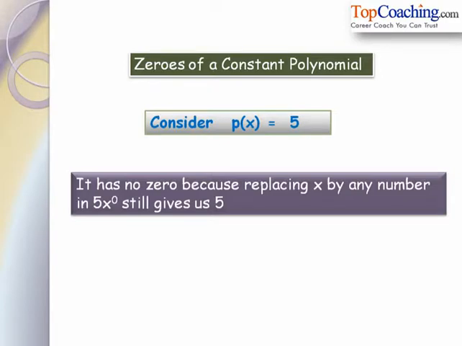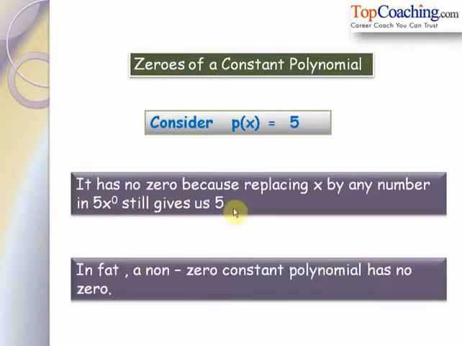So this polynomial p of x, which is a constant polynomial, always has a constant value equal to 5. Whatever value of x you insert into this polynomial, it won't make the value of p of x equal to 0, and hence a non-zero constant polynomial has no zero, because no value of x would make the polynomial equal to 0.